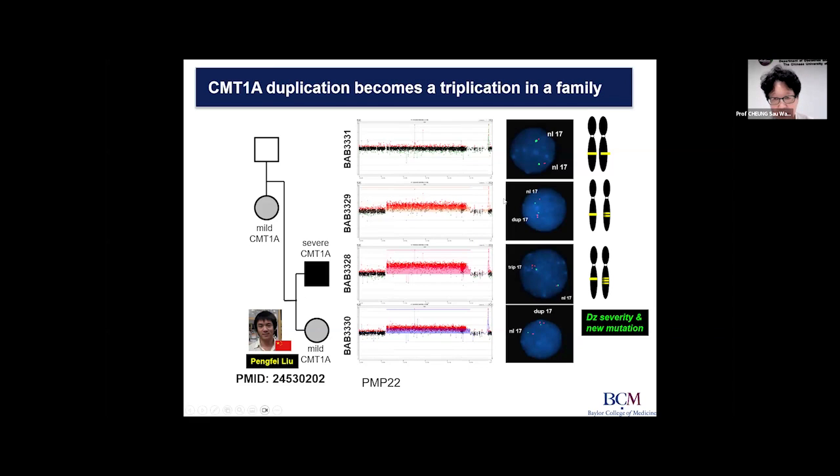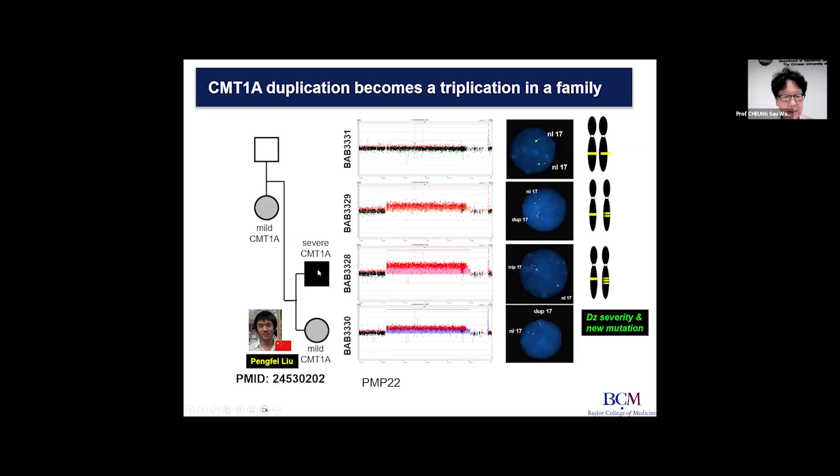In the FISH, the green is a control, usually a centromere, so that's thicker. The probe that we want to test, you could see there's two here. When it's duplicated, the normal one would be green and red, and if it's duplicated, the green is a control, and then this is duplicated.